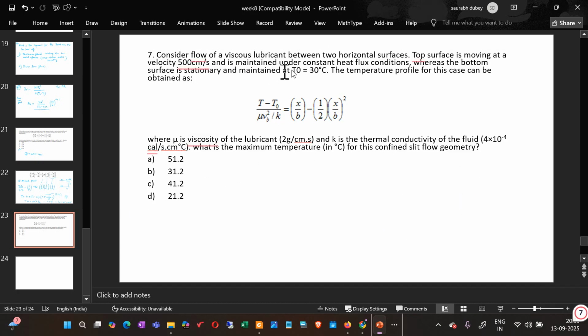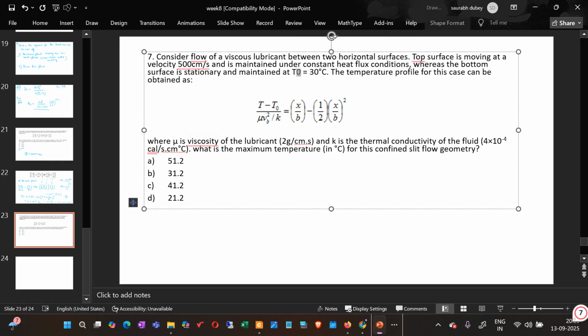And then it is maintained under constant heat flux, where the bottom surface is stationary and maintained at T0. So let us just take T0 as 30 degrees Celsius.